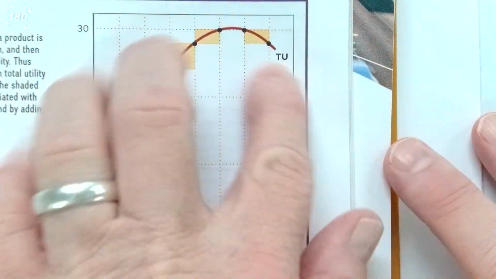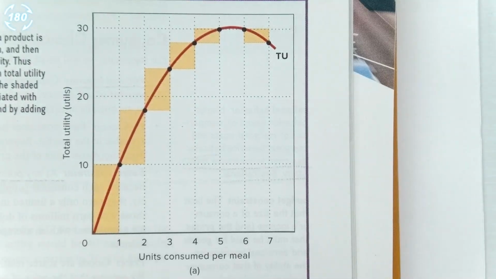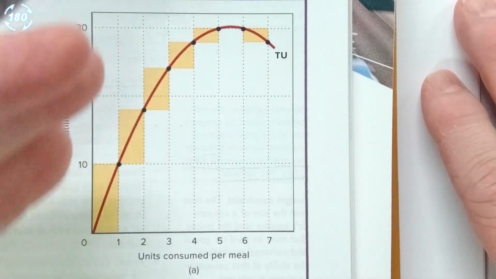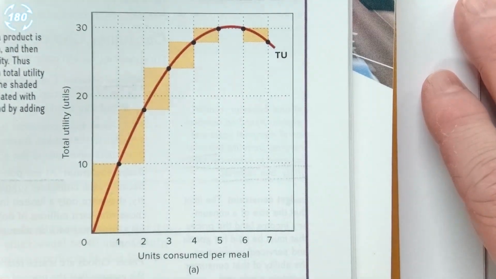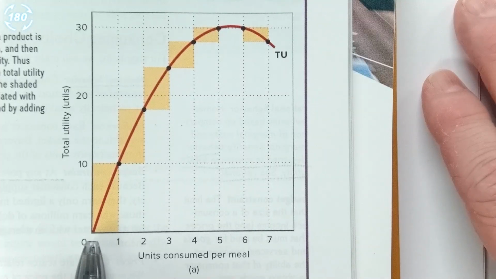And you have this total utility curve here, the picture in your text. The thing to remember, we're going to make use of this more in Chapter 9 as well, is that marginal utility is the additional utility derived from the next unit, or from just one unit.